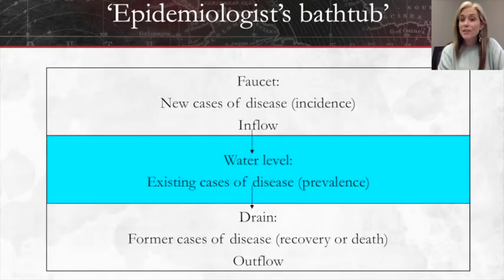Now, this is frequently called the epidemiologist bathtub. One way to look at it is that you have new cases. So you have a bathtub, you have a faucet where water's coming out, and what that represents is new cases of disease, defined as incidence. The water level is defined as prevalence because the new cases are flowing into this body of existing cases, and the drain or the outflow is recovery or death.